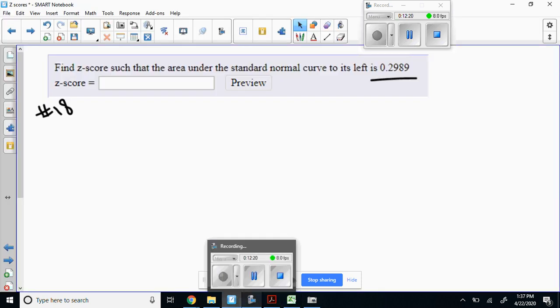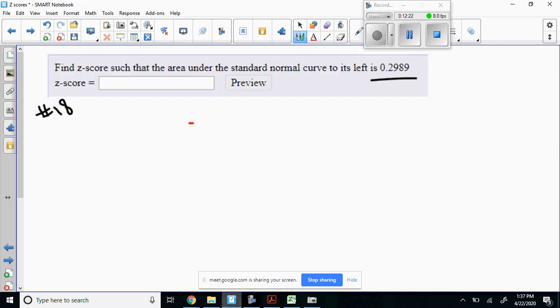Okay, so negative 0.52, its value is 0.3015, right? Negative 0.53 is 0.2981.